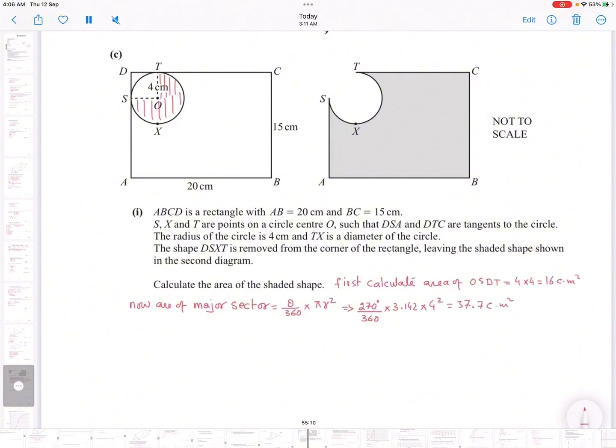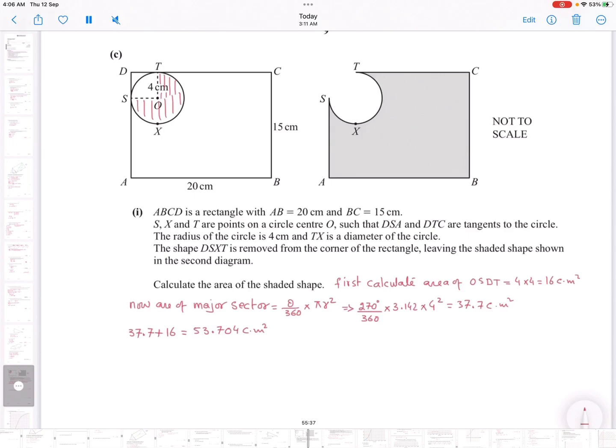Calculate it, you get 37.7 centimeter square. This is the area of the major sector. Now add this area with the area of the square you just found out, and you get 53.704 centimeter square.